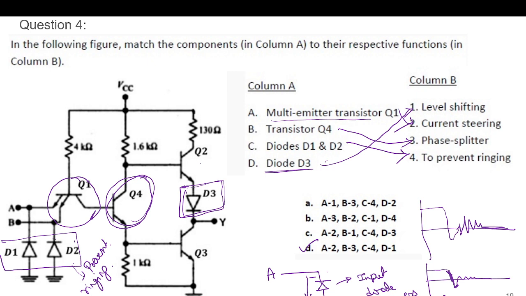Your doubt is clear? Any other doubts? This will happen due to the cut-in voltage of the diode. No, if there is a ringing at this portion, this diode will start conducting, and it will provide a path to discharge.